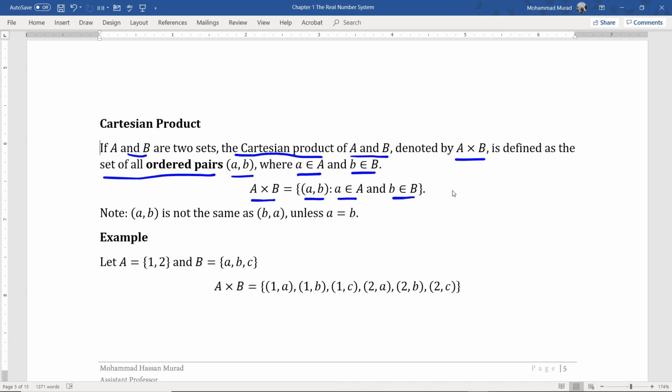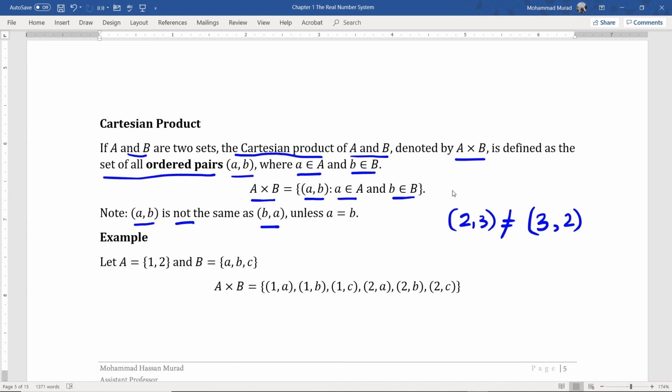We note this: the pair (a, b) is not the same as the pair (b, a) unless a and b are equal. For example, this pair is not the same as the pair (3, 2). That's why it is called an ordered pair. Order matters.